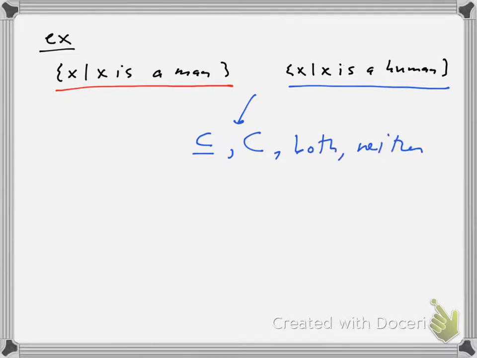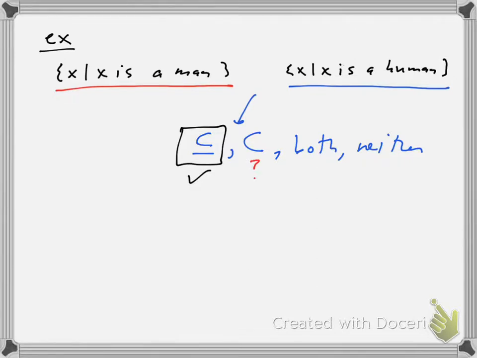So the question is, which of those will work? Well, the set of all men is definitely a subset of the set of all humans. So I know that I can use this one, because it is a subset. Can I use the proper subset notation?